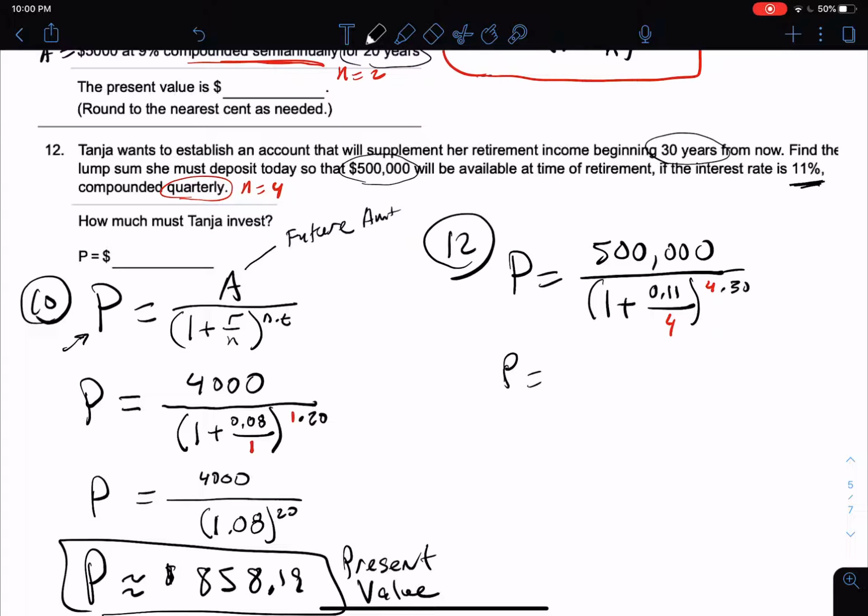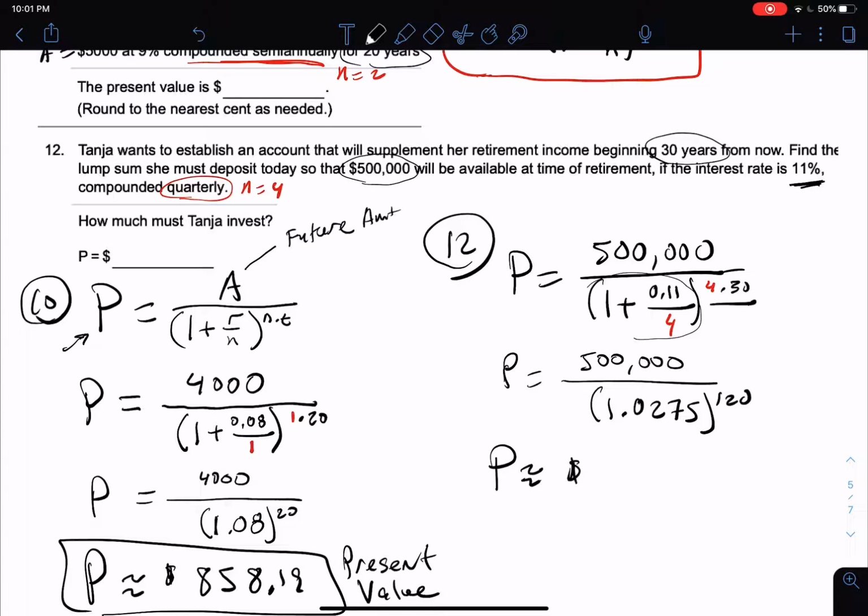So 500,000 in the numerator. When we do all this, we get a base of 1.0275, raised to the 120. Then we put that in the calculator and we get approximately how much money you need to start with: $19,281.92.